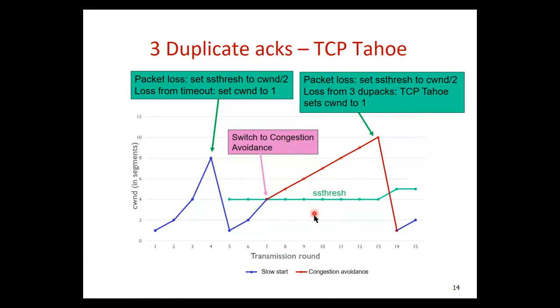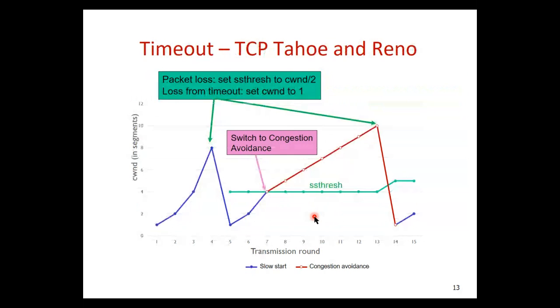Okay, so SS threshold is simply a way to memorize. It is a state variable that defines a threshold, as the name implies. Actually, it stands for slow start threshold.